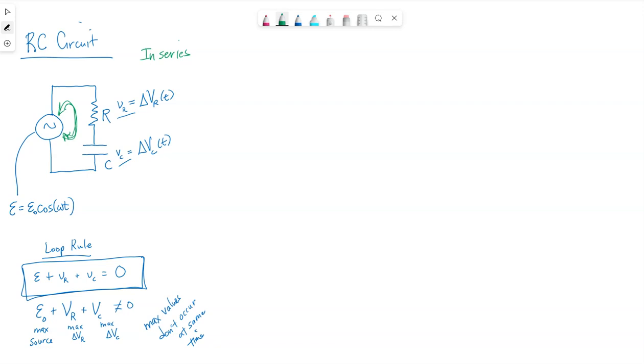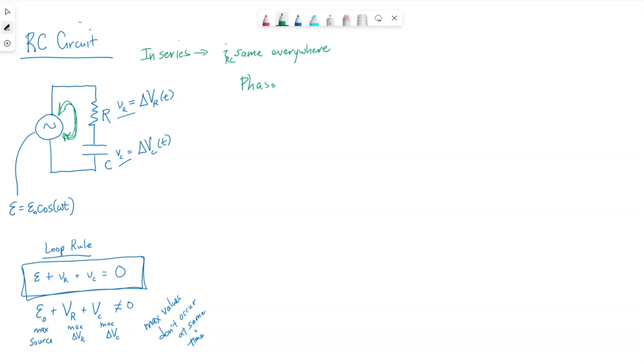Since the rate at which our capacitor is charging and discharging is the current, we know that I, current, has to be the same everywhere at any one given moment in time. So I guess I should say our lowercase i is the same everywhere. Now I'm going to call this i sub RC because now we're putting a resistor and a capacitor together. The current through the resistor has to be the current everywhere at any one given moment in time.